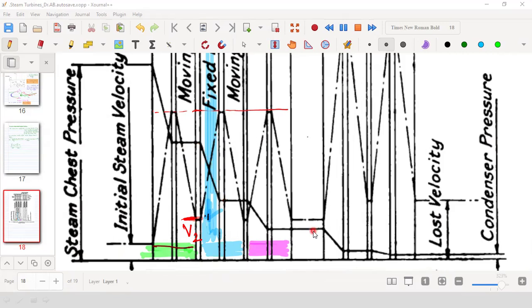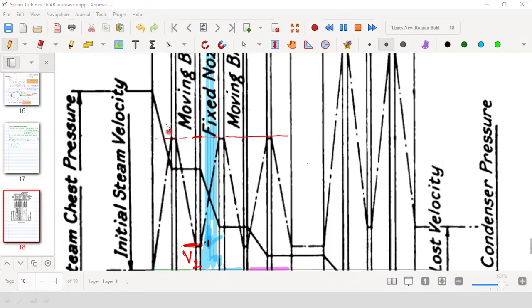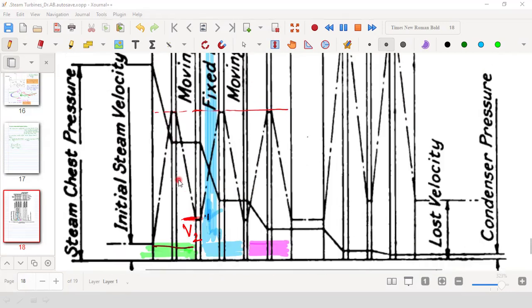The only thing that is common is that for all the stages, at the entry to the moving blade, the velocity is the same. That means after the expansion, what we are doing here as compounding is that in the nozzle stage there is a pressure drop. Now the total pressure drop is split into two or three stages as expected.